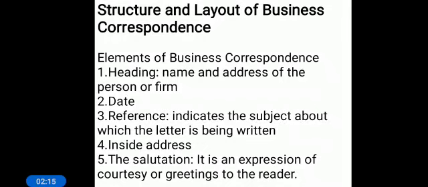Through business letters. So you have to write the letters and you have to receive the letters, right? So in the reference, you have to mention the date and the subject of the previous letter or previous correspondence. Okay, later we will study in detail.